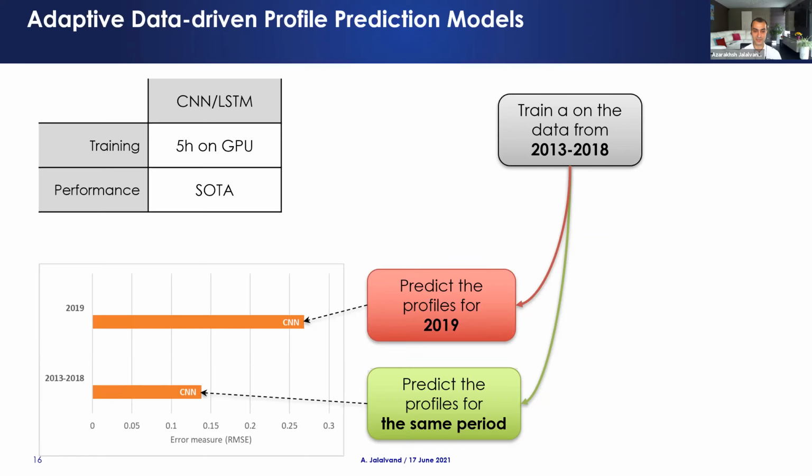So the error measure almost doubles when we tried that pre-trained model on the new data set, probably because the configuration of the tokamak changed in 2019, or maybe the physicists, the experts, ran some new experiments with very new setups. So what we have seen here is that ConvNet, this deep neural network, performed very well on the data set that it has been trained with, but it didn't work well when the data changed.